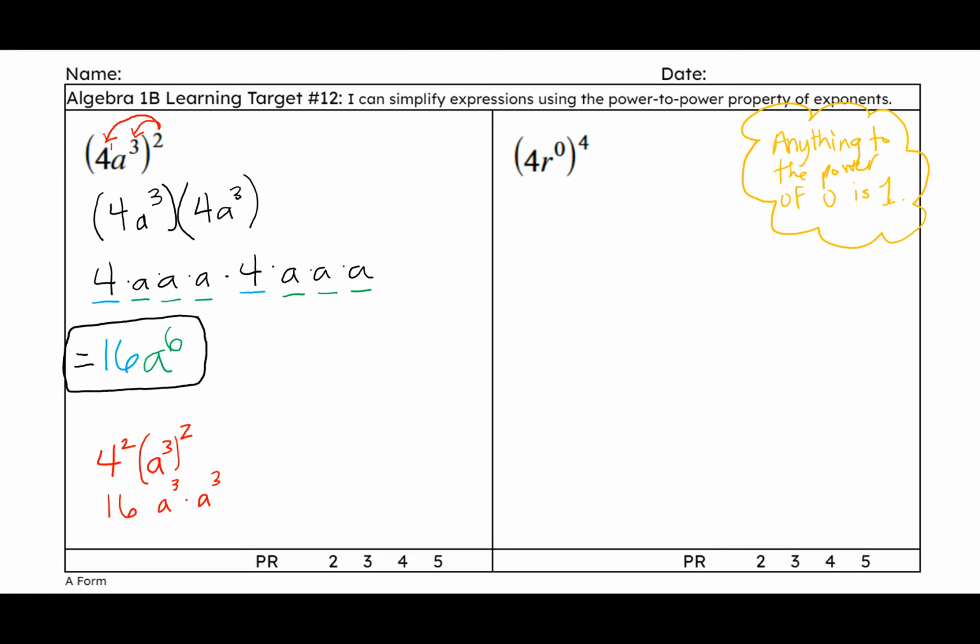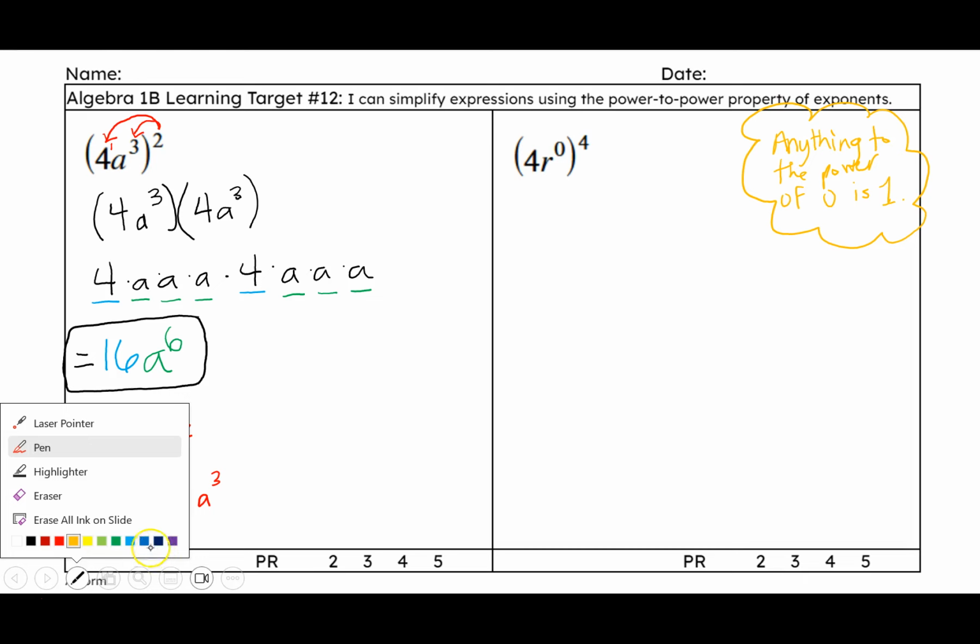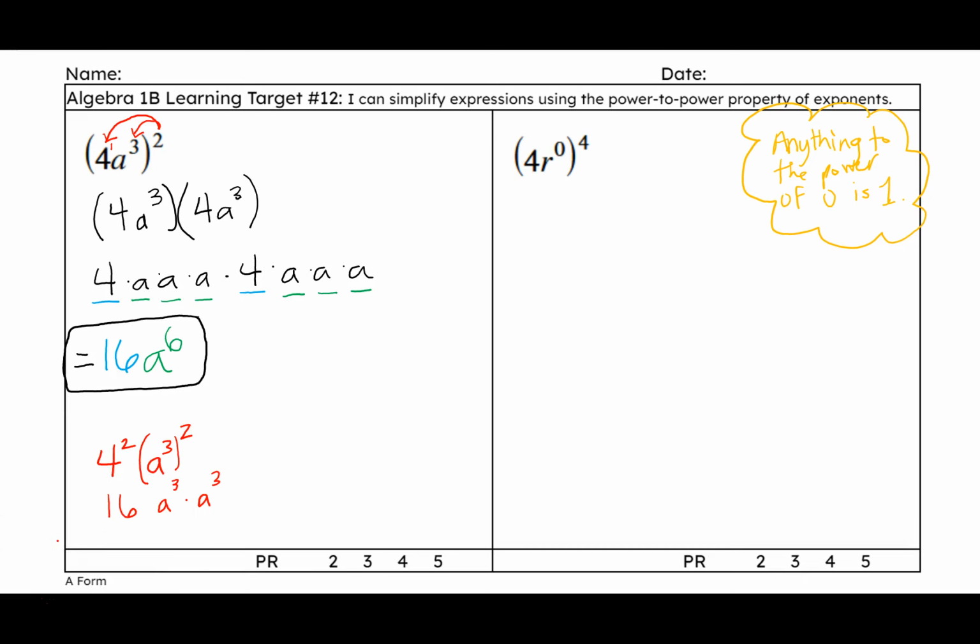All right, so let's use this power rule to apply this exponent here of 4 to both members of this term in this group right here. So remember, this is 4 to the first power. I'm going to multiply that power of 4 to each of the powers inside.